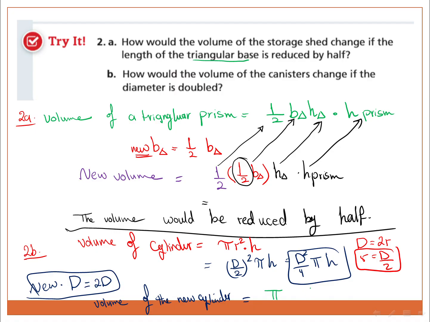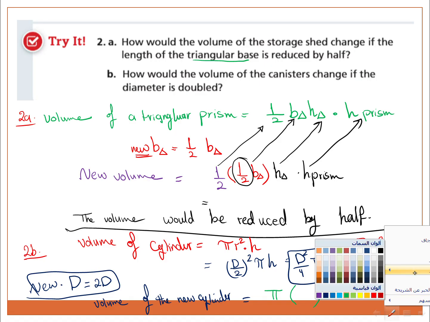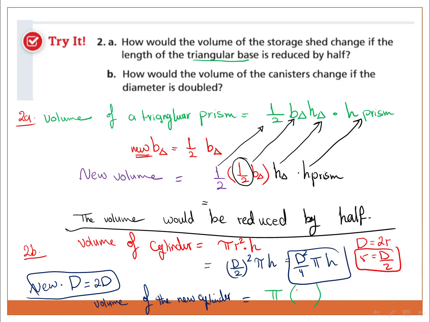Instead of d over 2, I will write 2d. So it's going to be something like this. We want to write it with respect to height. So it's going to be 2d over 2, the whole thing squared, times height. The 2 and 2 are gone, so now I will have π d squared times h.